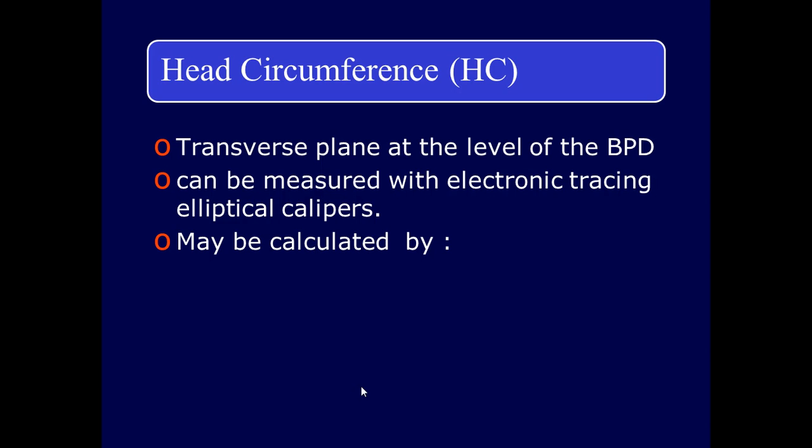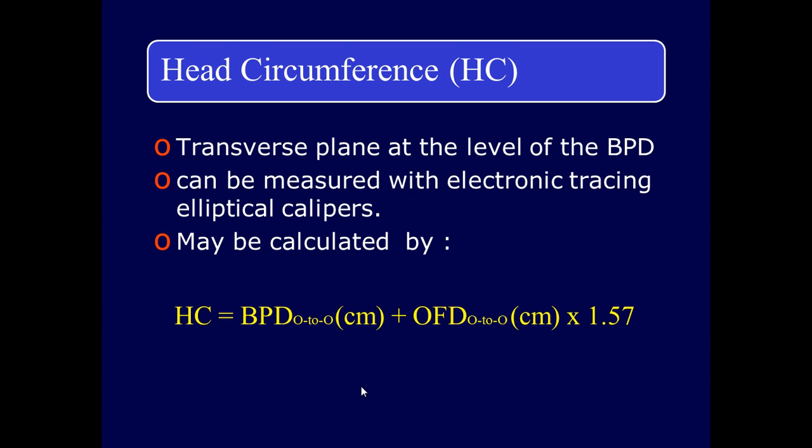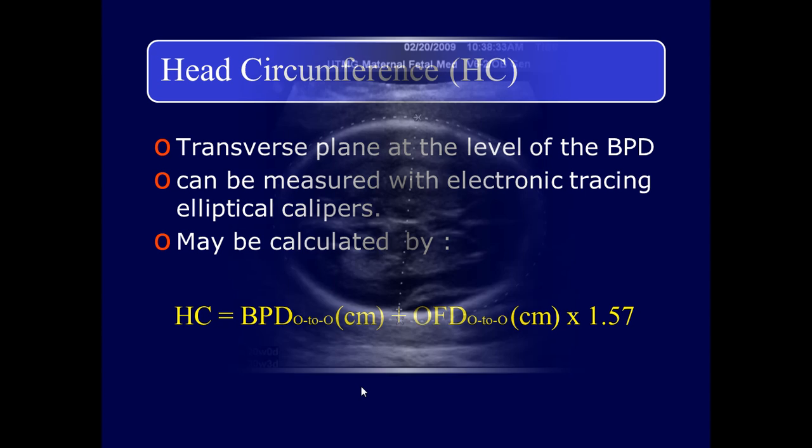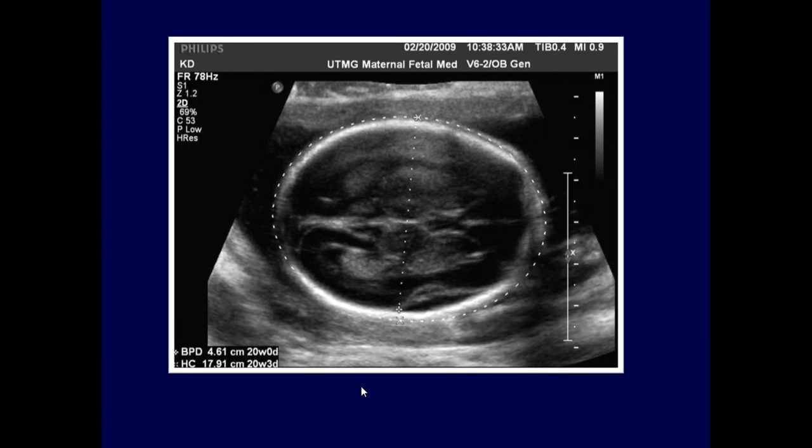Or it might be calculated by obtaining the appropriate transverse and occipitofrontal diameters and using this formula: head circumference equals outer-to-outer biparietal diameter plus outer-to-outer occipitofrontal diameter, multiplied by 1.57, which is a mathematical constant.